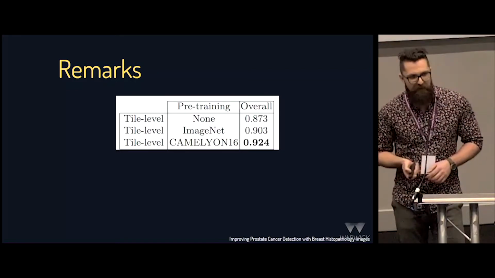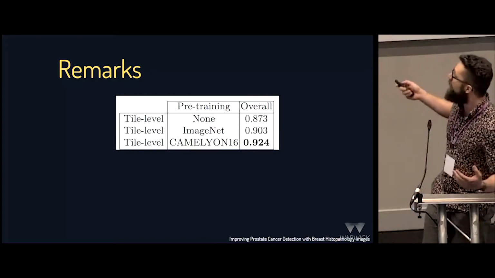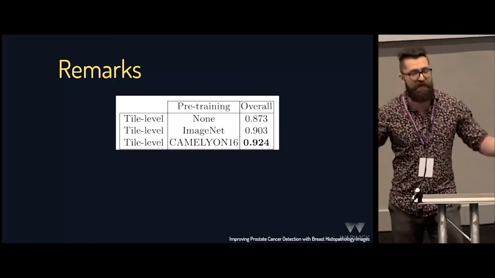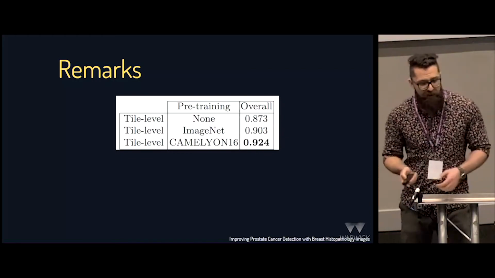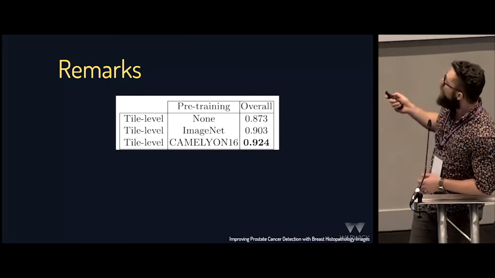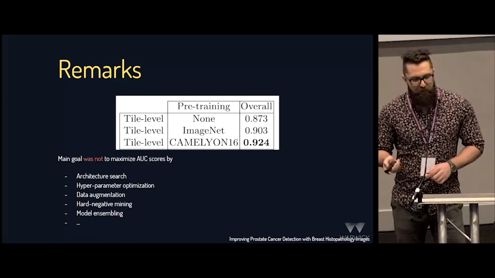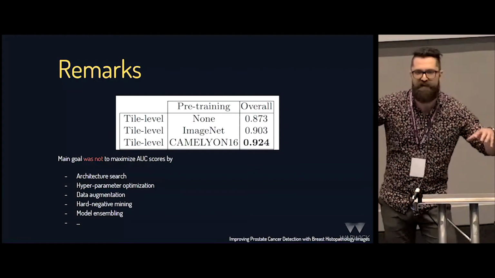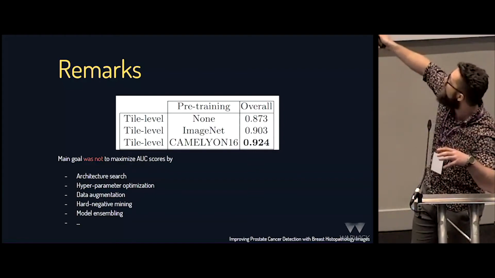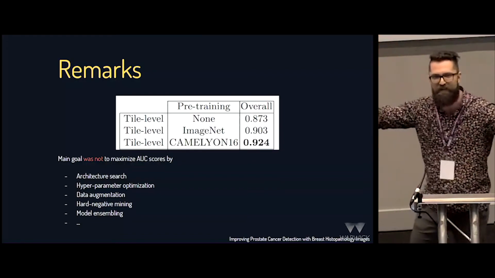So basically, this study is yet another evidence that ImageNet pre-training is a nice baseline. It works when done properly, but we try to propose something new. And one thing I would like to emphasize is that the whole point of this study was not to maximize these numbers, because there are a plethora of tricks you can do, right?